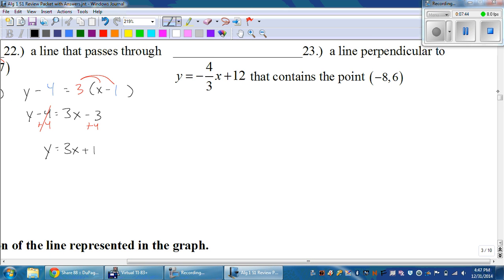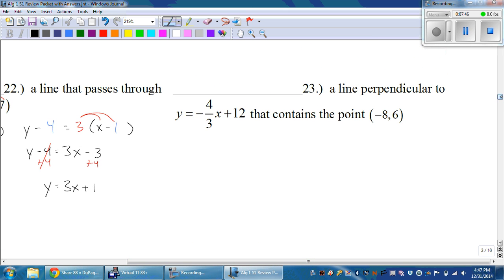Okay, next one, 23. So a line that is perpendicular to y equals negative 4/3 x plus 12 that contains the point (negative 8, 6). So there's something I have to do with that slope. We need to remember what perpendicular means, and that is the opposite and reciprocal slope.